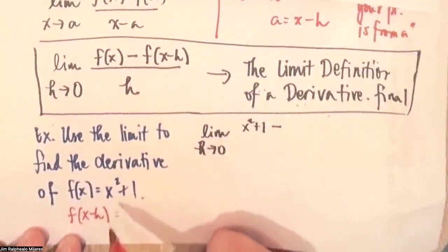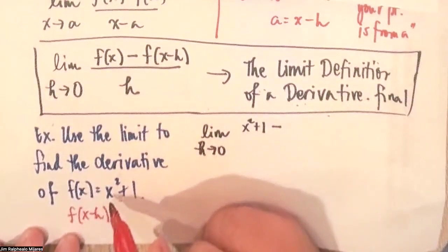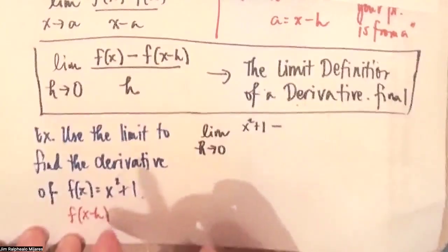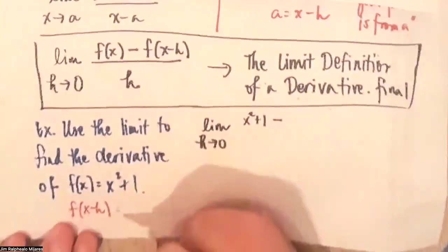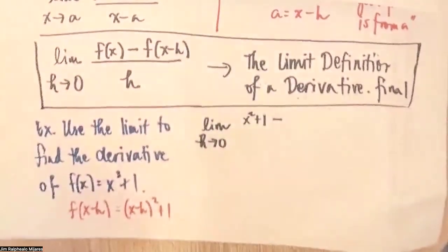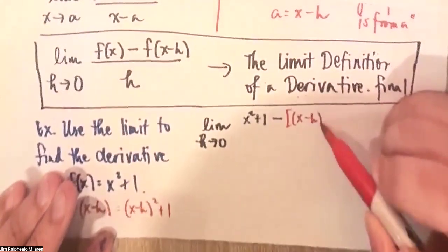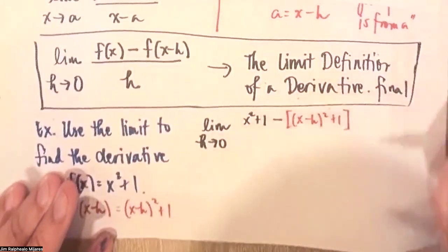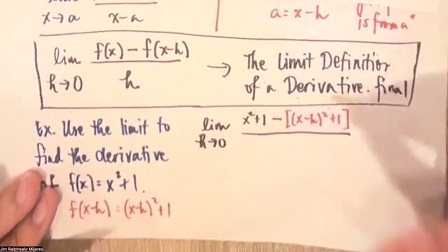What you do is you input x minus h, the entire thing instead of just x. So this becomes x minus h squared plus 1, all over h.